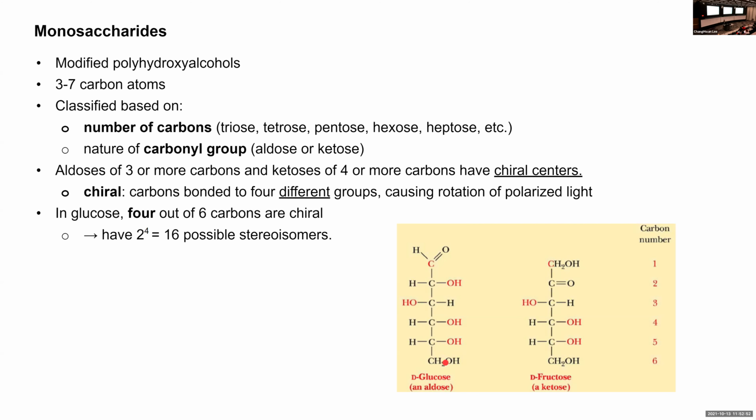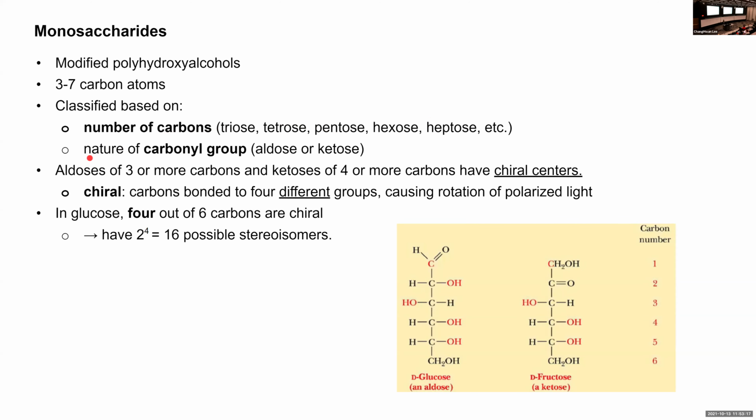It makes this kind of alcohol structure here. And these monosaccharides, like glucose or fructose, can be classified based on the number of carbons, from three carbons, which is triose, tetrose, a four-carbon sugar, to the heptose with seven carbons.